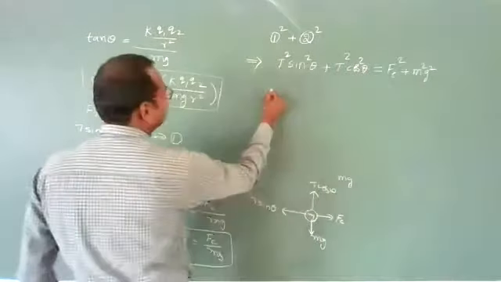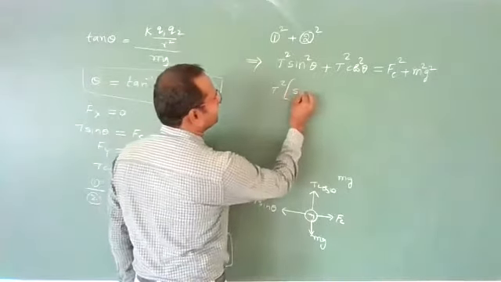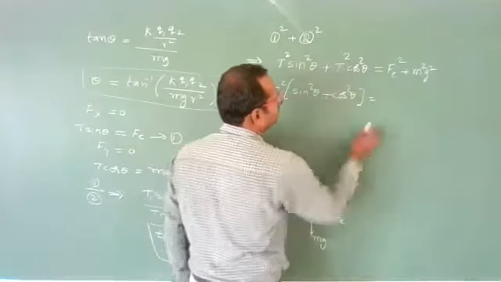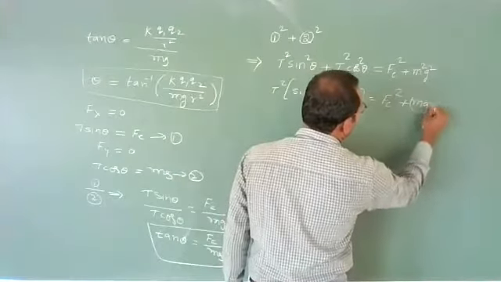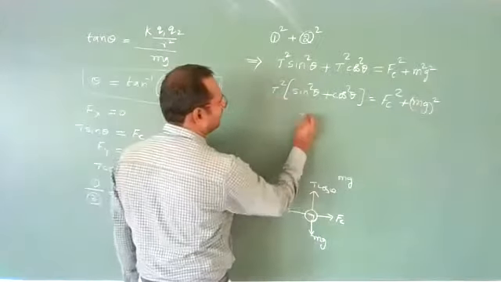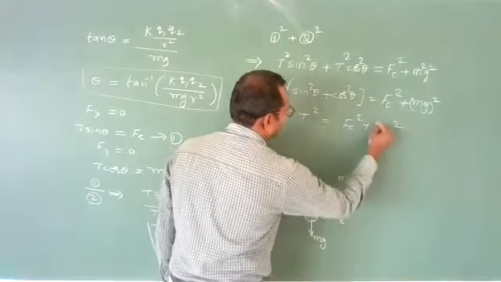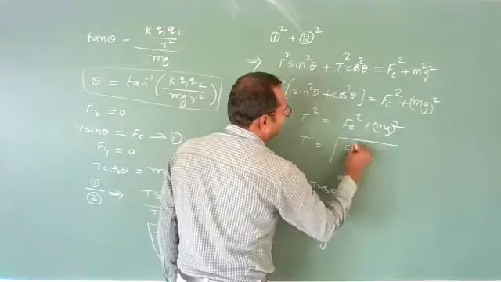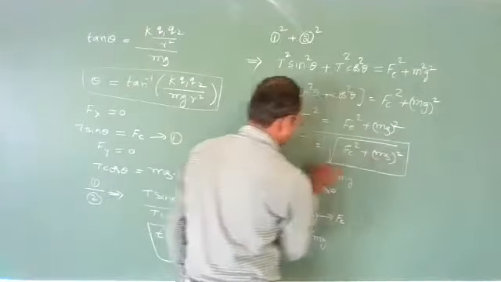Take T square common from both: sin square theta plus cos square theta is equal to Fe square plus mg whole square. Then T square is equal to Fe square plus mg whole square. Then T is the under root of Fe square plus mg whole square. Yes, this will be the answer.